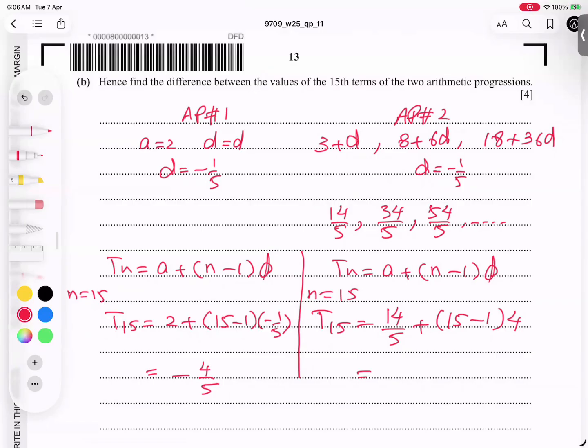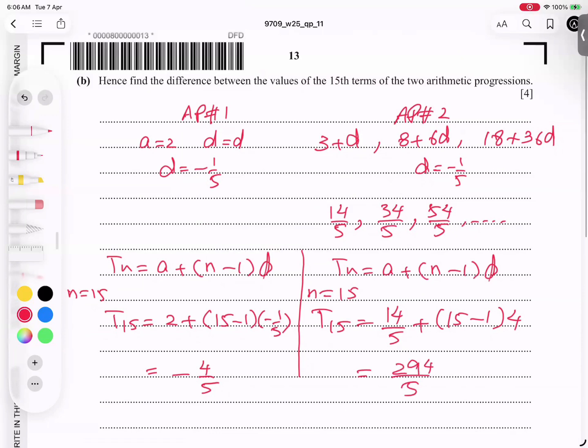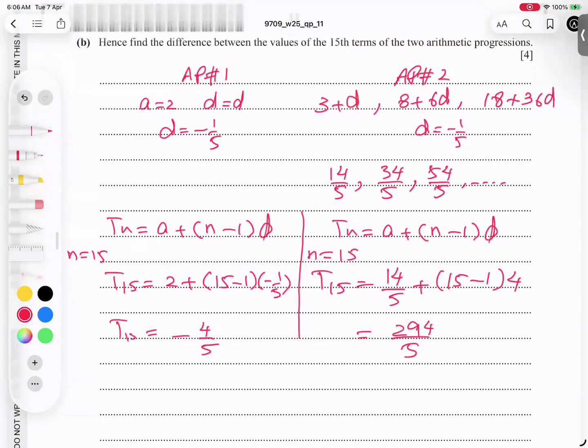So in fraction form, I'm getting 294 over 5. And we are looking for the difference of both.